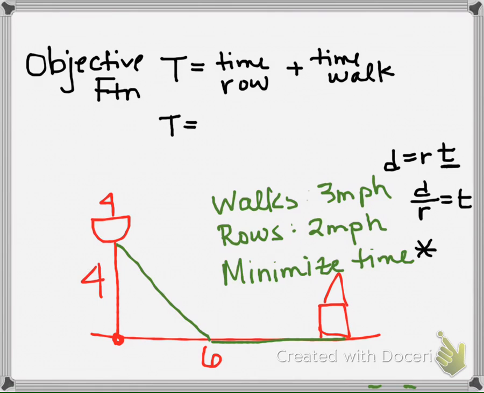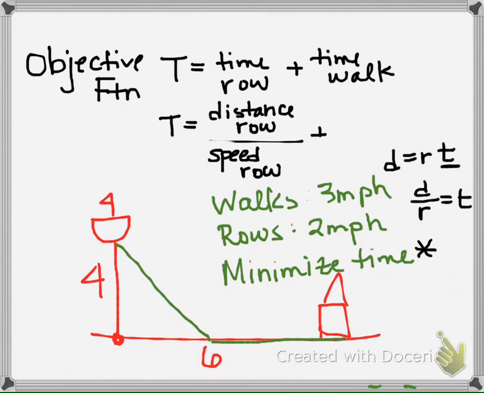And in terms of what I know, that's going to be the distance rowed divided by the speed of her rowing plus the distance that she walks divided by the speed she walks.